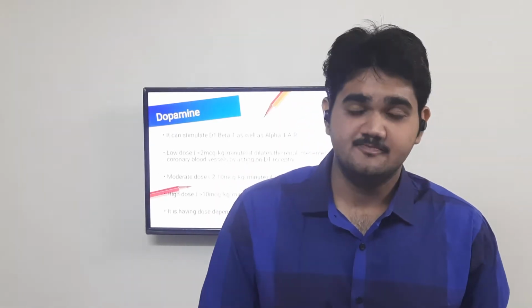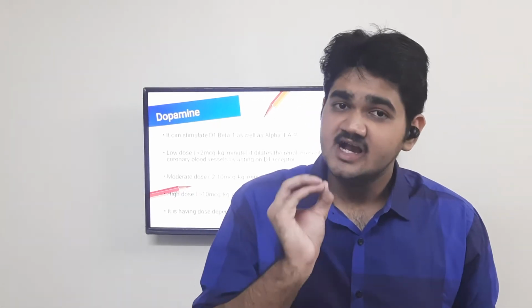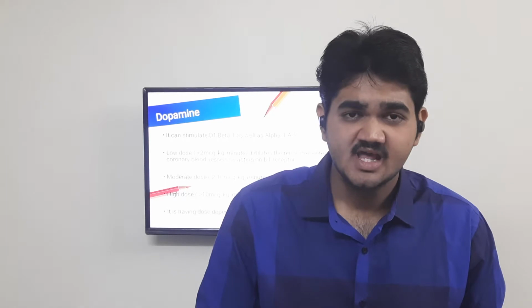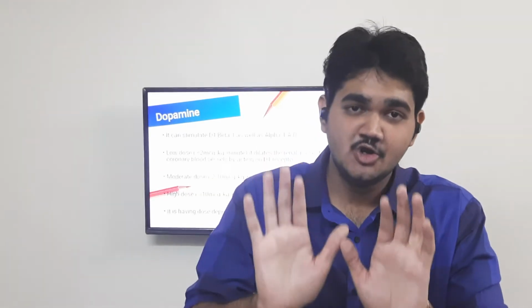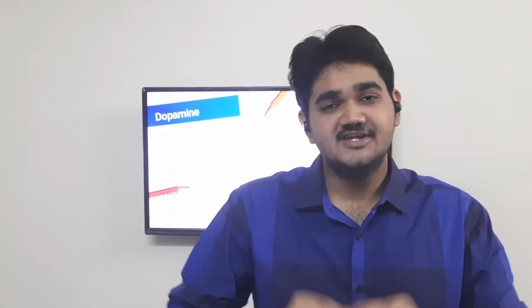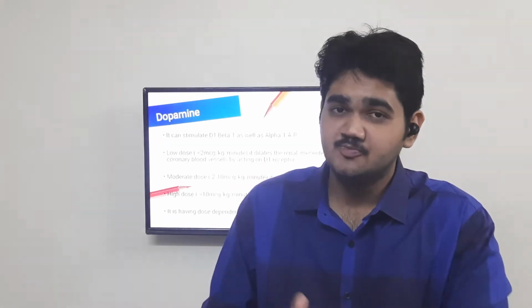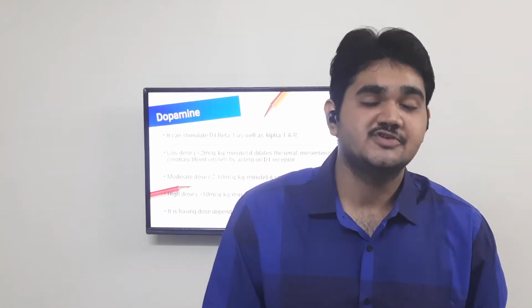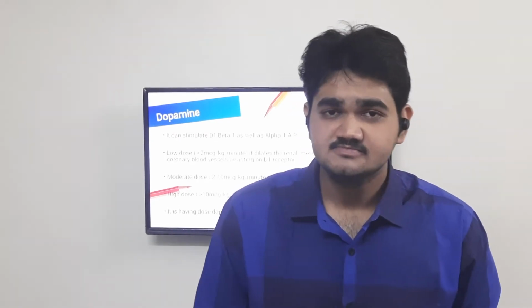The second one, that is cardiogenic shock. In cardiogenic shock, हमारा जो blood volume है, that is normal, but our human heart is not able to produce enough cardiac output, and such kind of shock is known as cardiogenic shock.